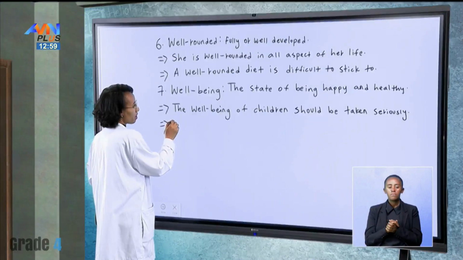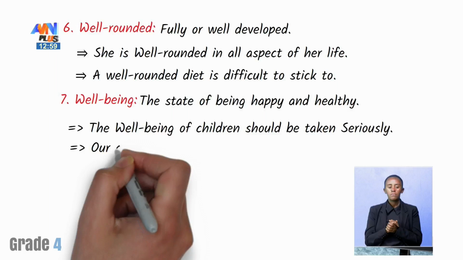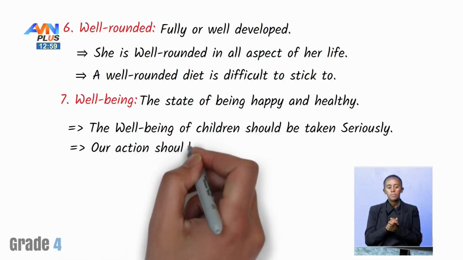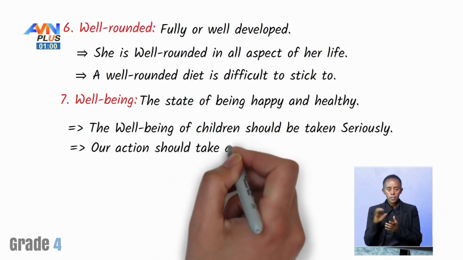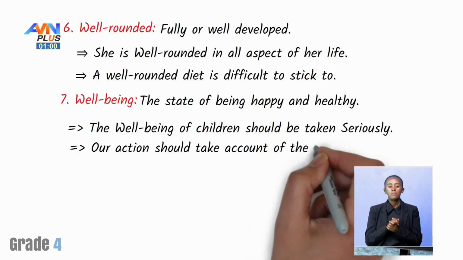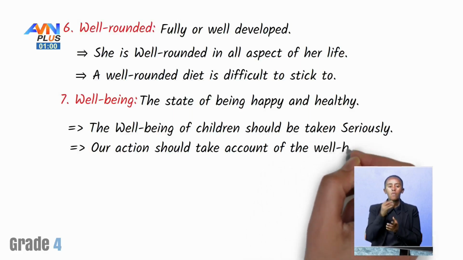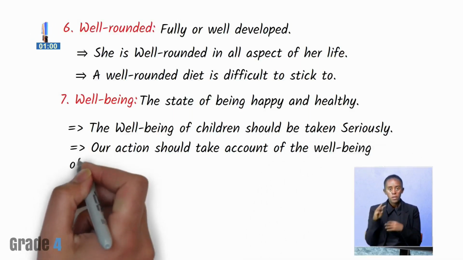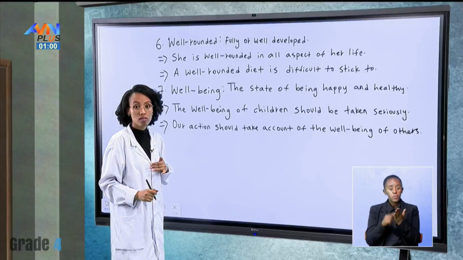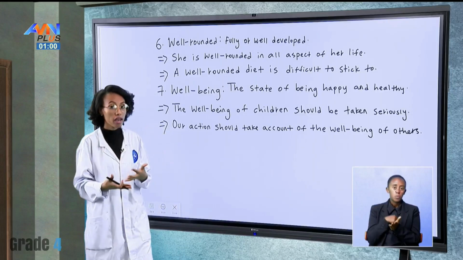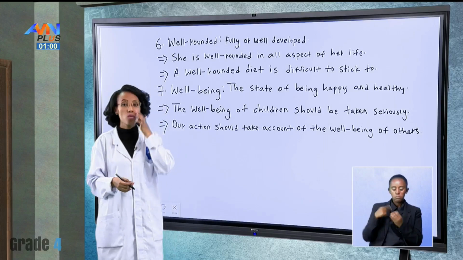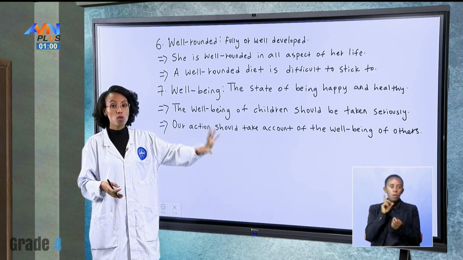Okay, other example. Our actions should take account of the well-being of others. This is one example. When we are talking to people around us, when we are communicating with people, we have to what? Take account of the well-being of others.